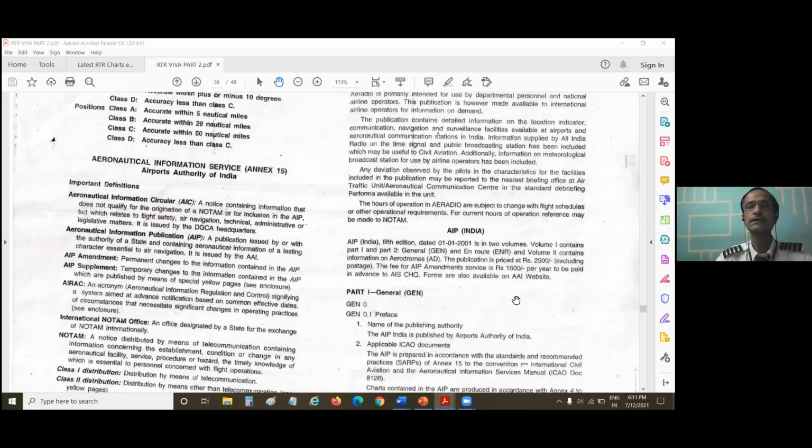Any personnel, personnel meaning persons, a lot of persons. The definition of airman as per ICAO is any personnel engaged in the operation of an aircraft.